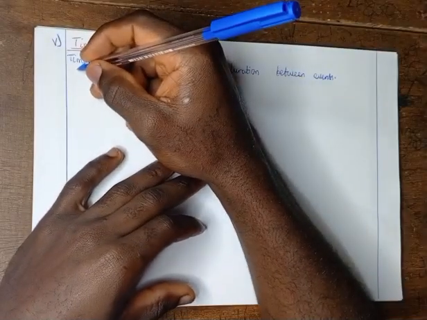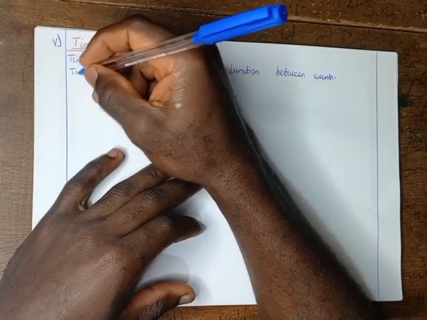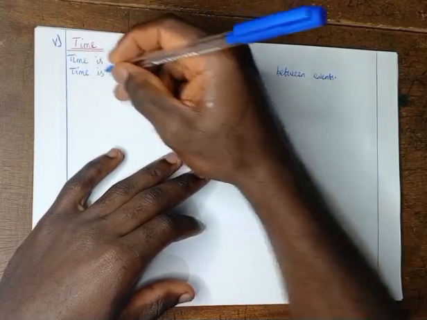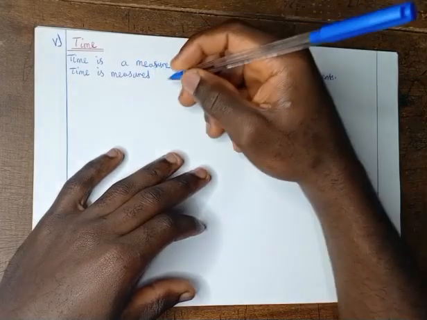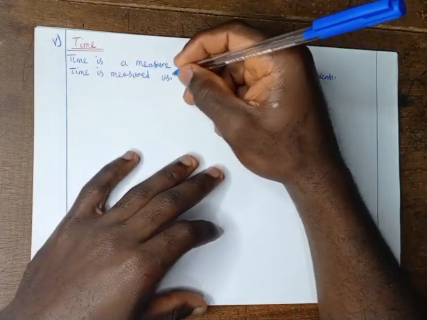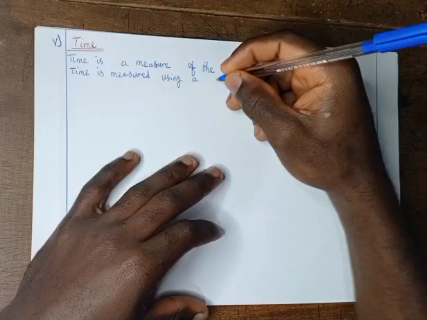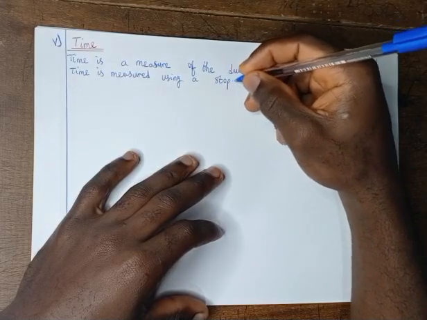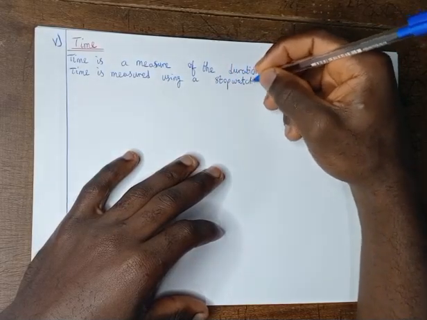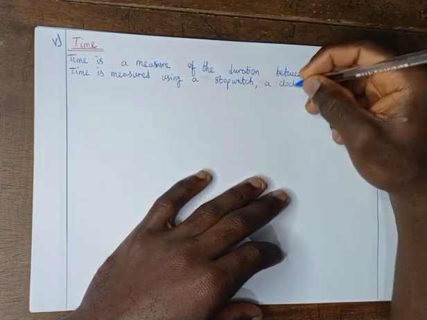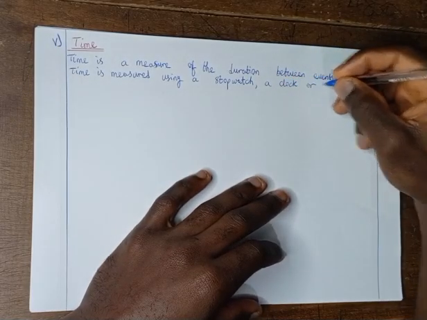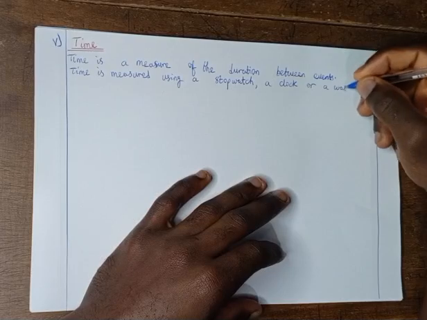Time is measured. We measure time using a stopwatch, a clock, or a watch simply.